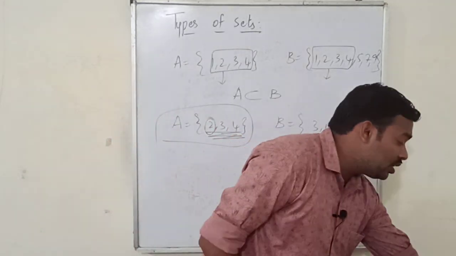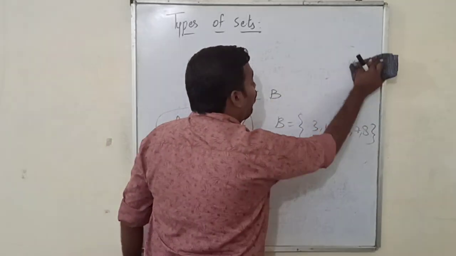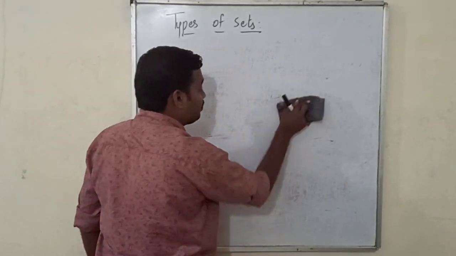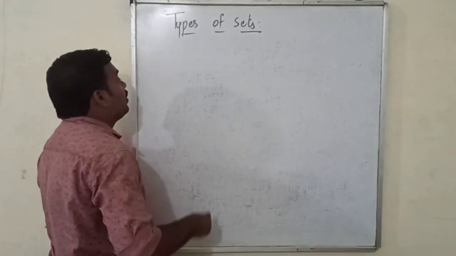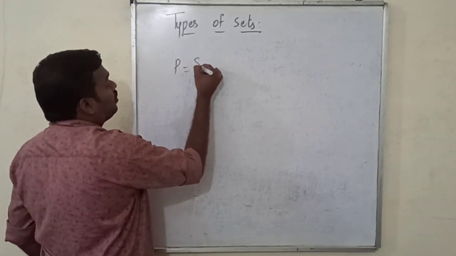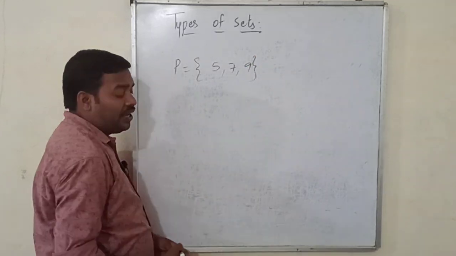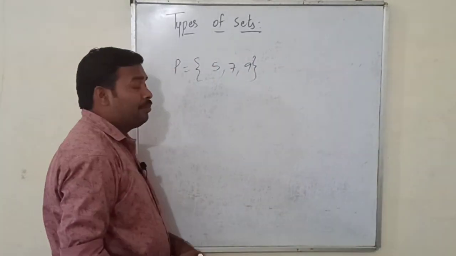Next we shall go for how to write subsets if only one set is given. What are the subsets of a set? Suppose P is given as 5, 7, 9. P is a set with 5, 7, 9 as elements.